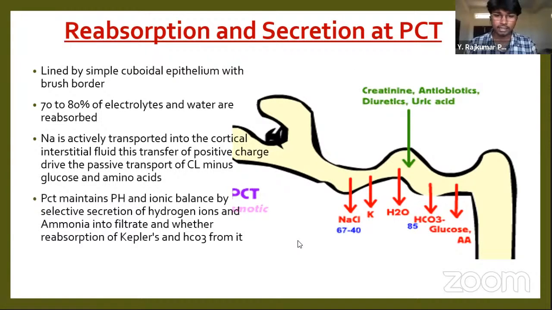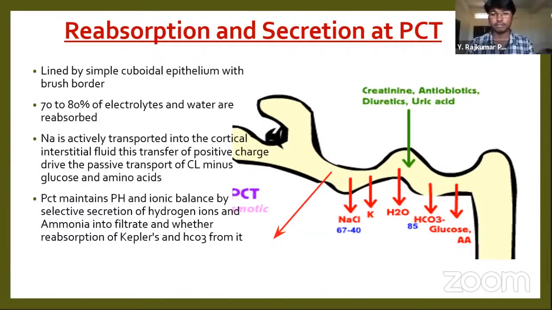First, you must know where the filtered substances go and where the reabsorption takes place. Reabsorption means coming out of the renal tubule. If something is getting into it, that's not called reabsorption.